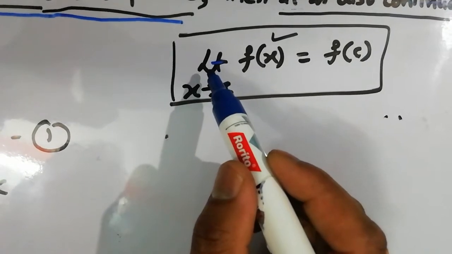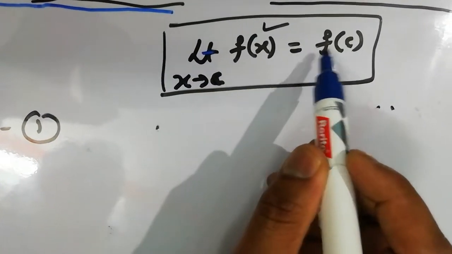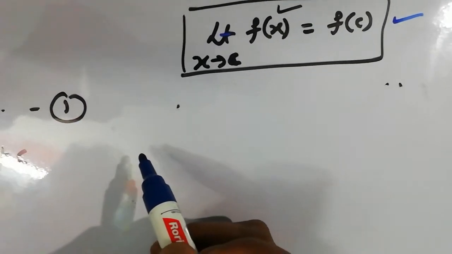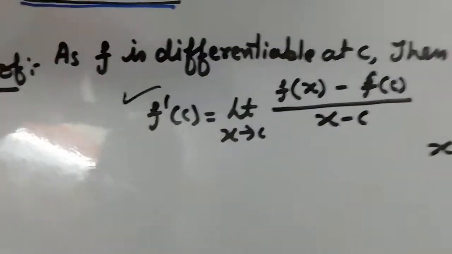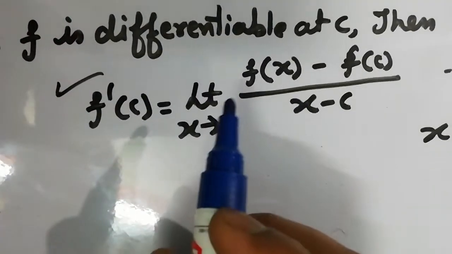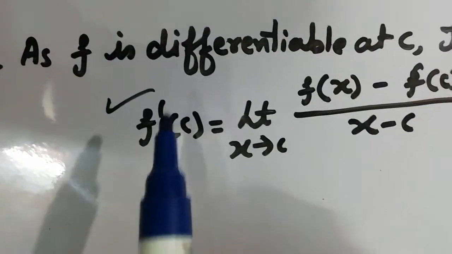So limit as x approaches c of f of x is equal to f of c. This is the condition for when a function is continuous. So we have to prove that a function which is differentiable at a given point is also continuous at that point c. So let's start with this one.